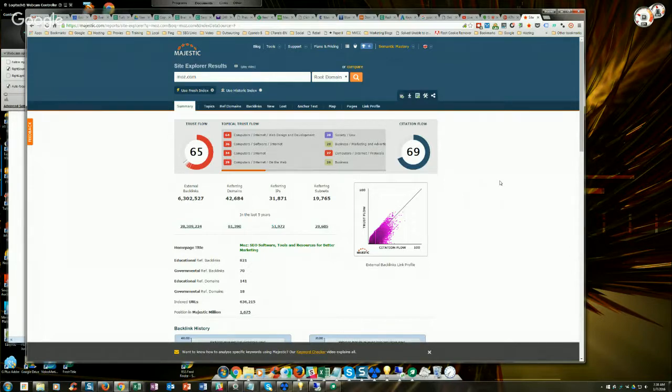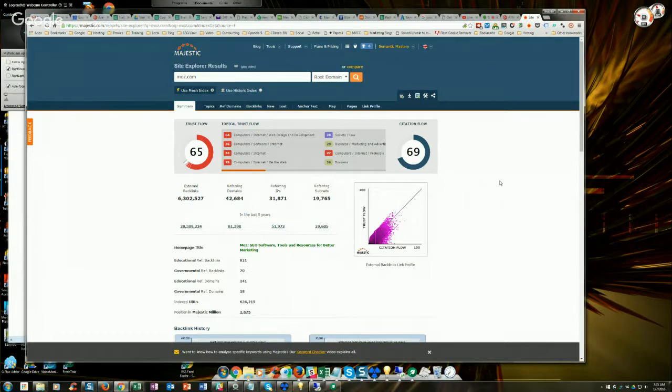Typically, citation flow is higher than trust flow, and it's okay for there to be a little bit of an imbalance. But if you get like a 24 citation flow and an 8 trust flow, that typically means that the domain has got some spammy links built to it.